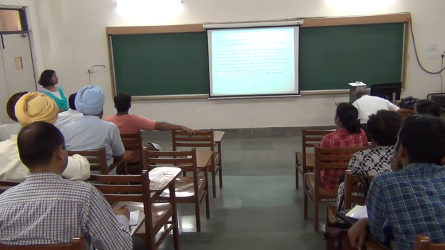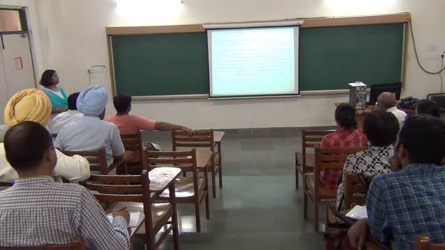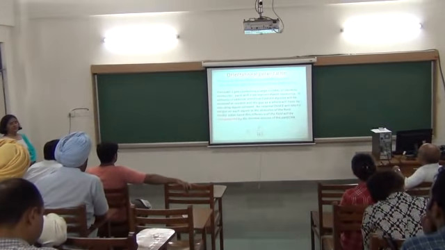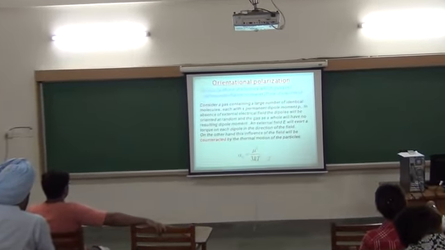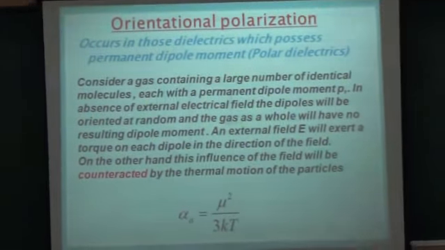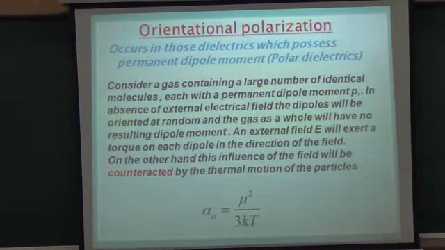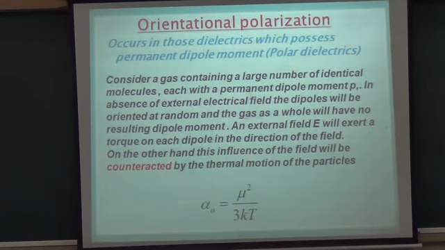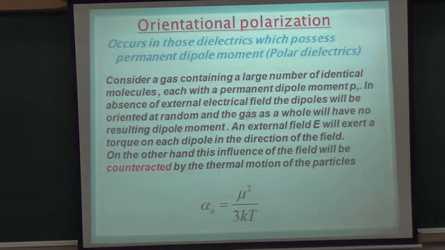The next important one is the orientational polarization. As the name suggests, it is the orientation of the dipole moment. That means I now have a polar dielectric. Dipole moments already exist, but because of temperature, they are randomly oriented in all different directions. So the net dipole moment is still zero.